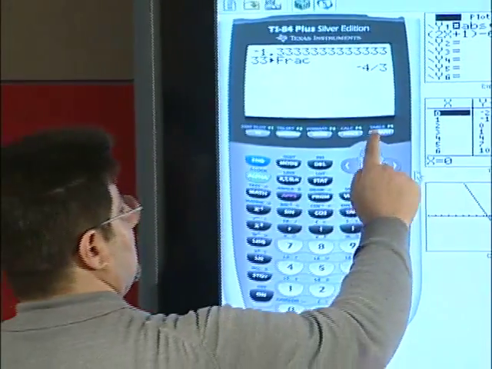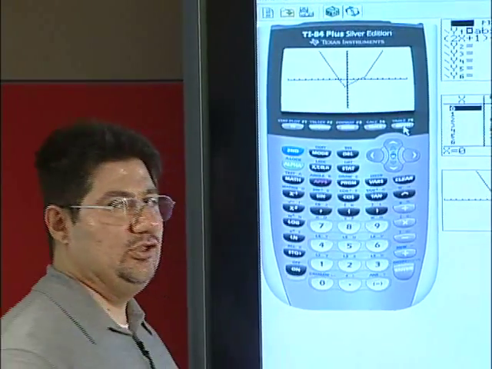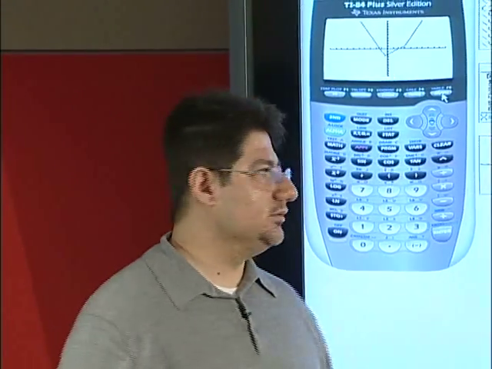Now we will find the other 0 by using calculate 0 again.